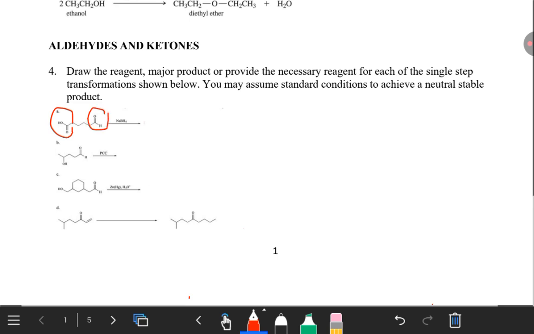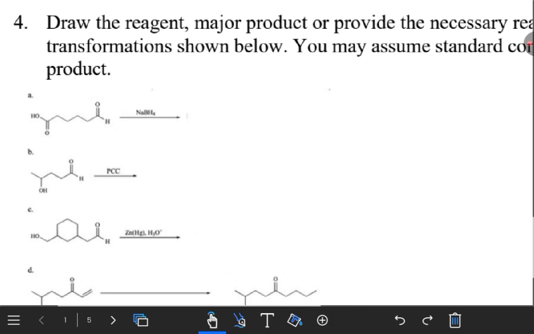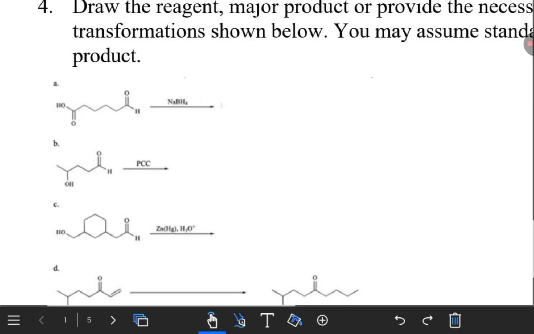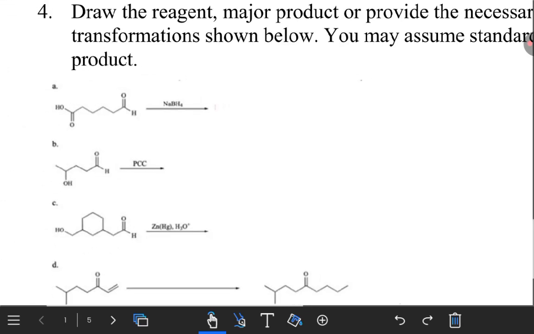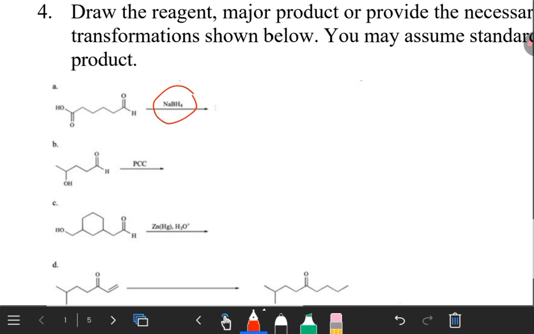Then we have an aldehyde group, this side. So the reagent we've been given is sodium borohydride. So let's try to see how we can answer this question.